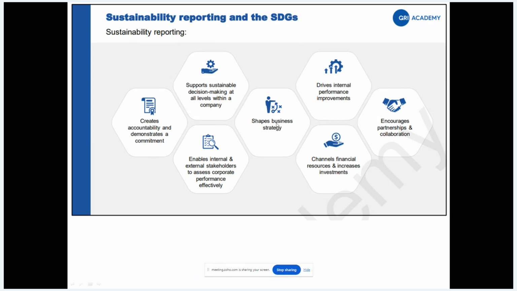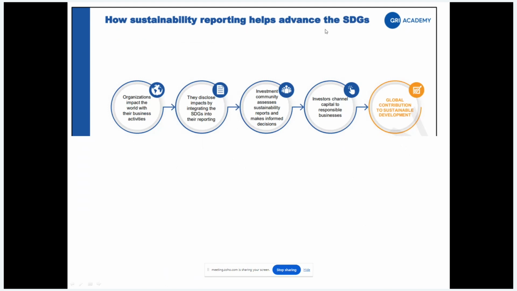And it can shape business strategy. So it drives internal performance improvements, channels financial resources, and increases investments. It encourages partnerships and collaboration. So sustainability reporting helps advance the SDGs.